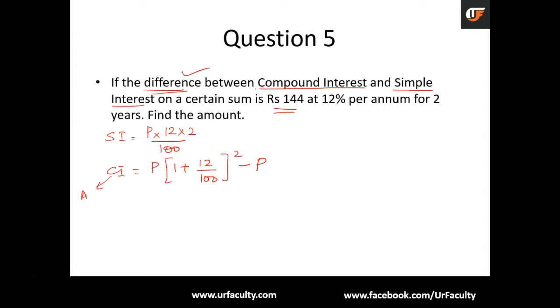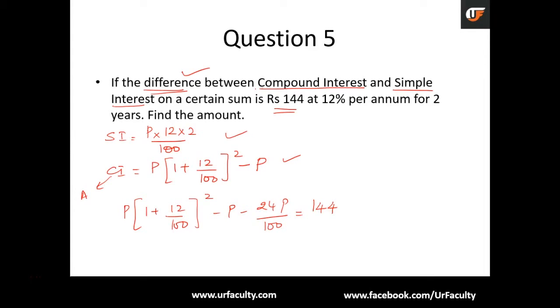Now what have they said? They have said that the difference between both of them, this equation and this equation, is equal to 144. So what happens? You put it as P into (1 plus 12 by 100) square minus P minus 24P by 100 is equal to 144.